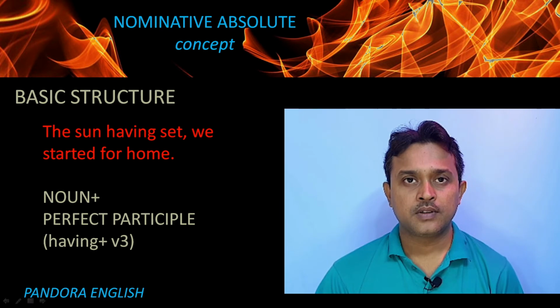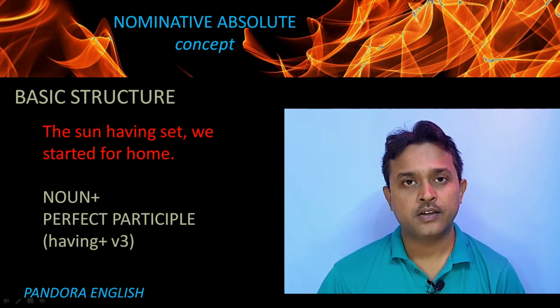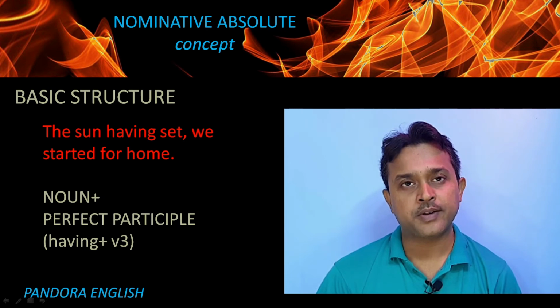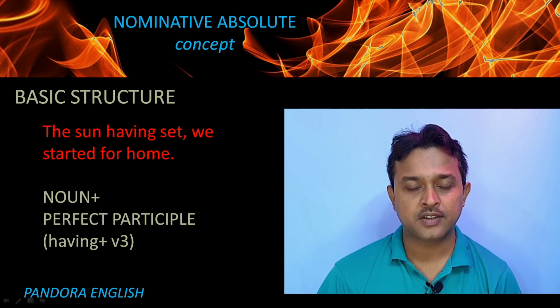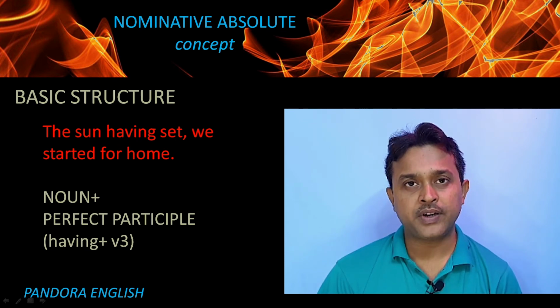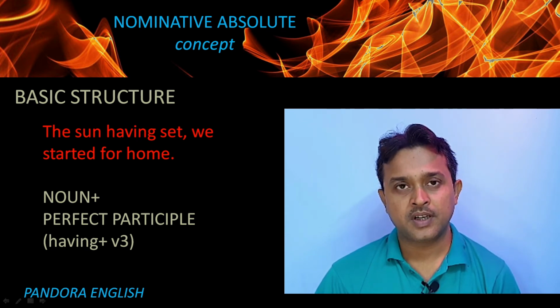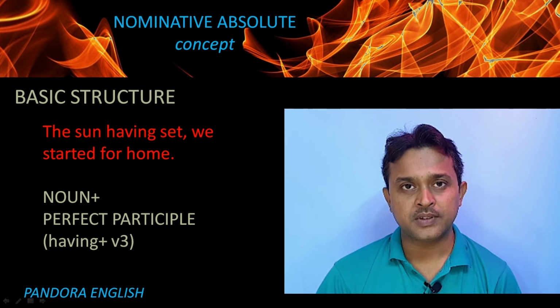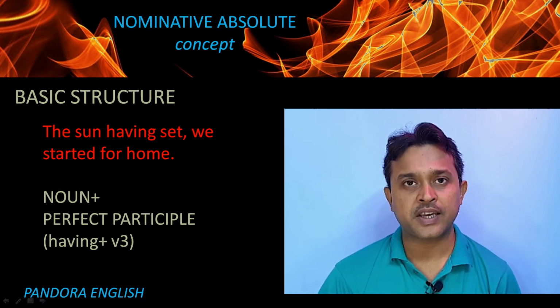Now let us look at the second type of nominative absolute formation, that is a noun plus a perfect participle. A perfect participle suggests that the action is already complete even before the second action is taking place.